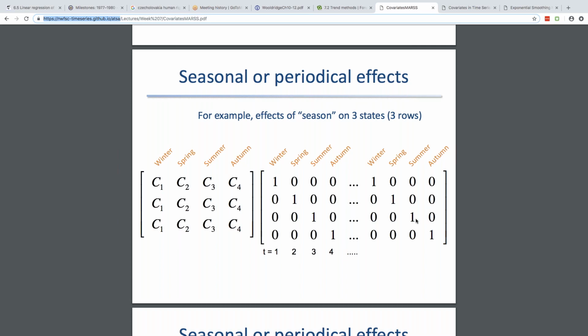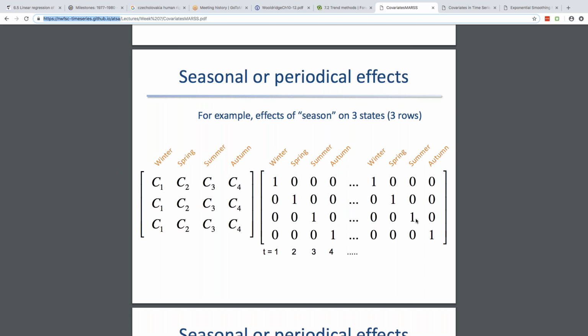So that's our winter effect. This would be our spring effect. This is our summer effect, our autumn effect. And in T1, if we're in winter, then we have a 1 in the top row. And now you can see when we multiply this by this, all the other seasons zero out, and then we're just going to have the winter effect appear.